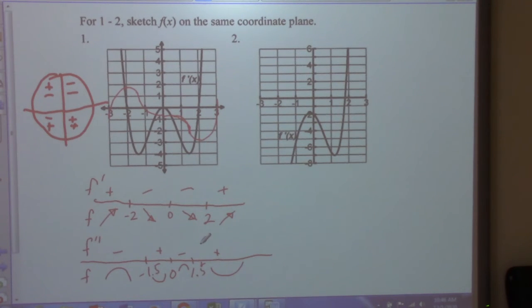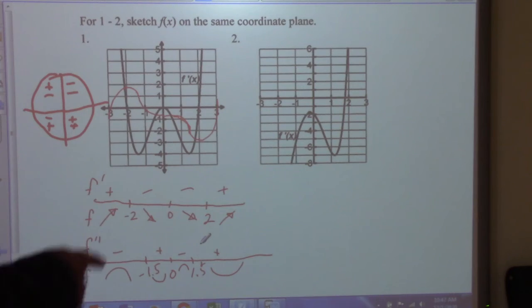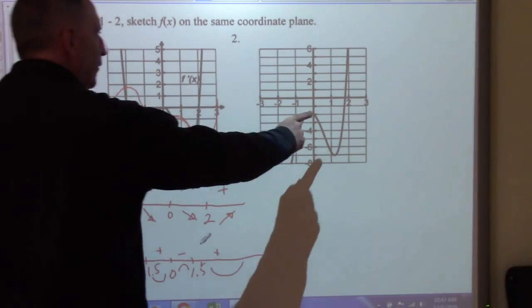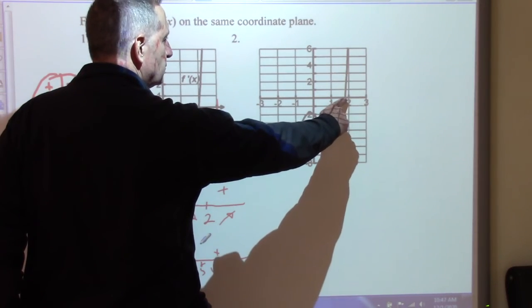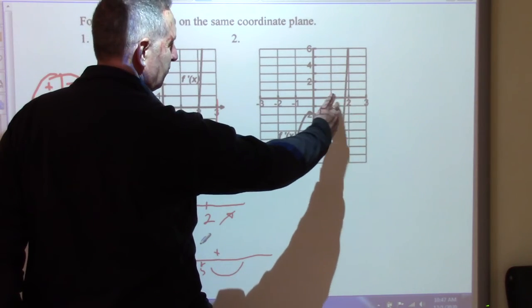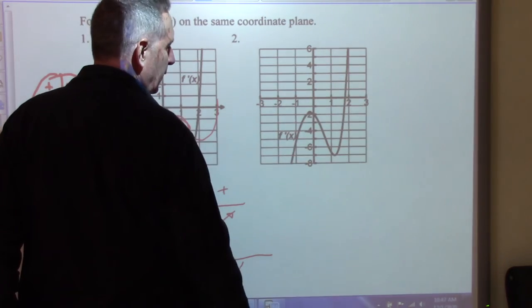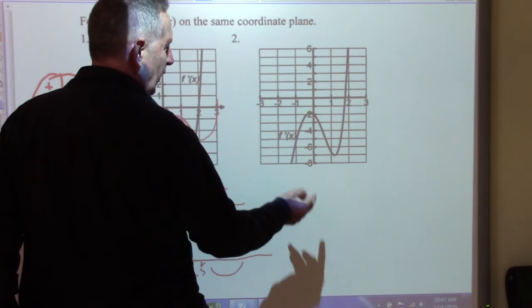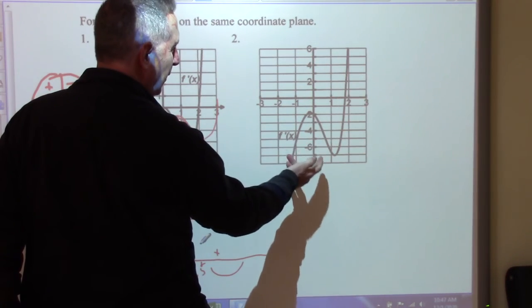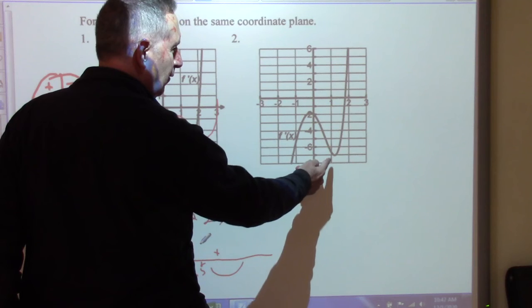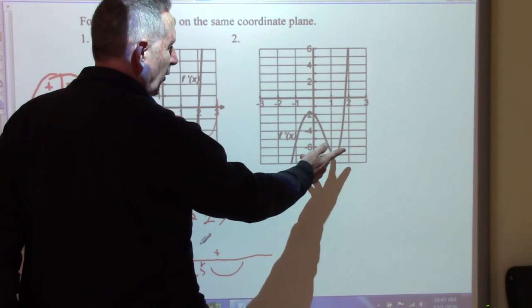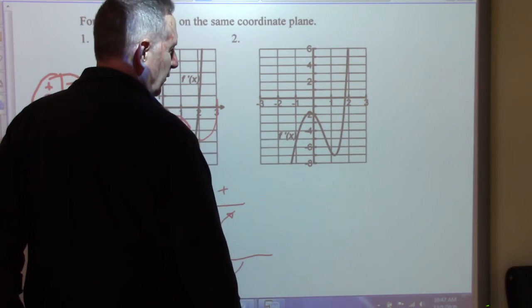I can't tell exactly where the numbers are. Yeah, let's talk about the numbers. To me, it looks like there's a critical number at maybe 1.8 or something like that. And then your points of inflection look like maybe negative 0.3 and positive 1.2 or 1.3, something like that.